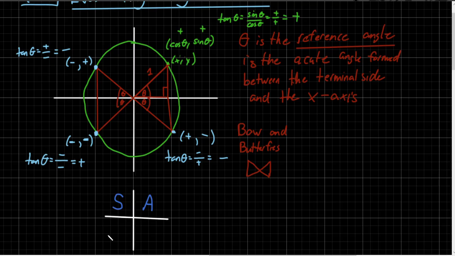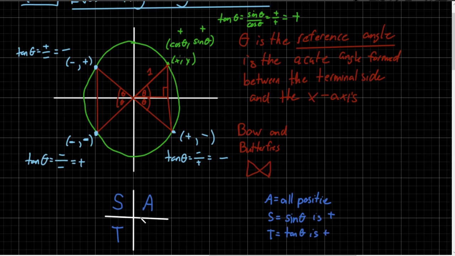Quadrant three, which one is positive? Tangent. So A equals all positive. S equals sine of theta is positive. T means that tangent of theta is positive. The rest are all negative.